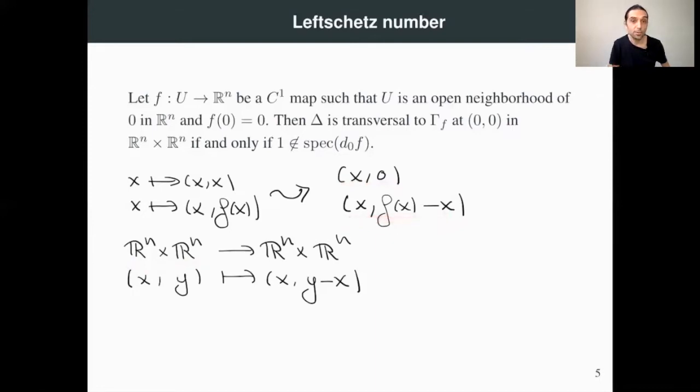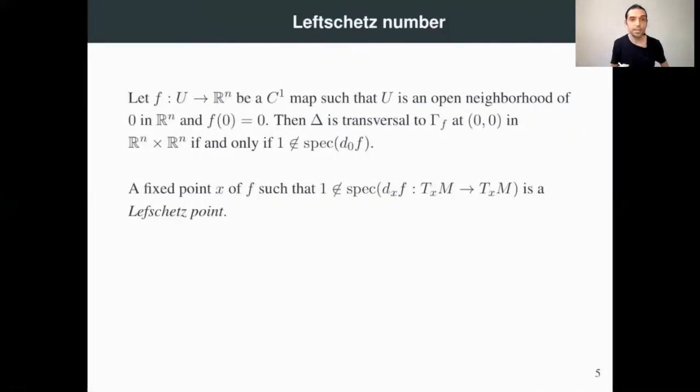And in order to have transversality, we know that what we need is that the differential of this map at 0 is regular. So that 0 is not an eigenvalue of the differential of f at 0 minus the identity, and so that 1 is not an eigenvalue of the differential of f at 0. Okay?